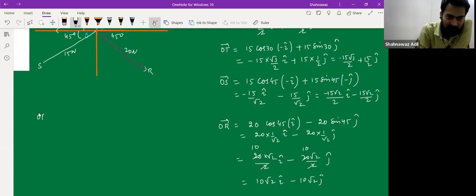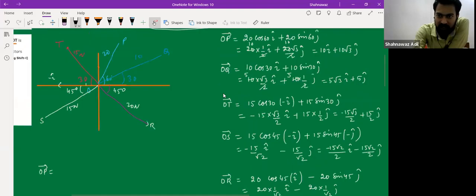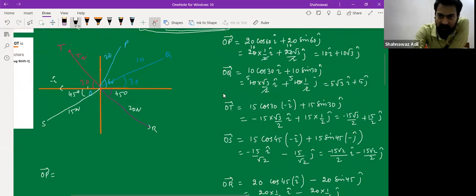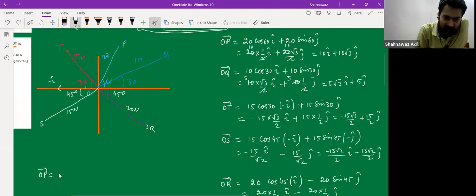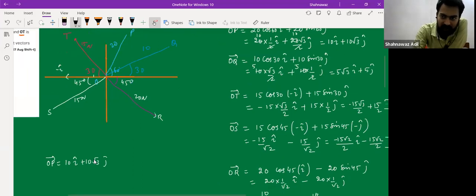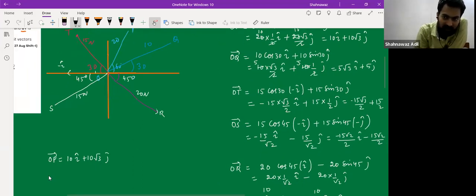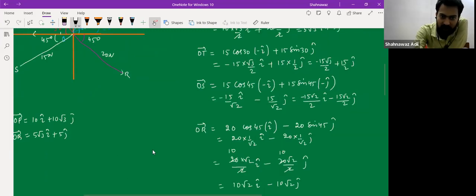So OP is how much? OP is 10i plus 10 root 3j. Okay, and then OQ is 5 root 3i plus 5j. And then OT is how much?